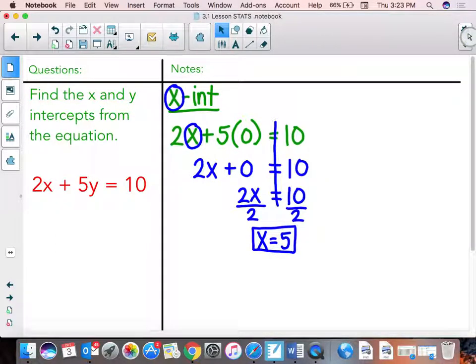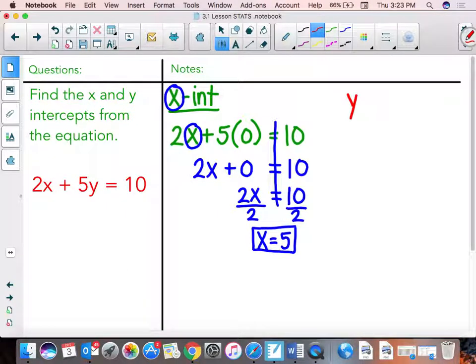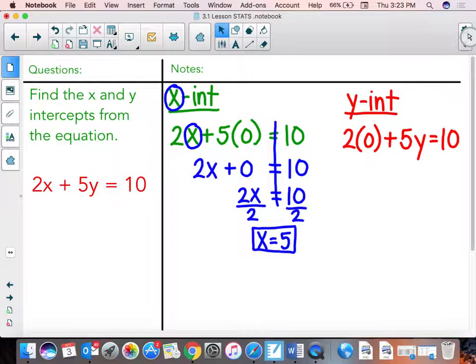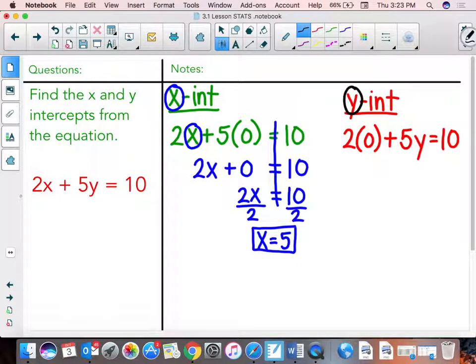5. All right, to find the y-intercept, we are going to plug 0 in for x because we want to solve for y. So you need to have a y in your equation. If I am solving for the y-intercept, I need to have a y in my equation.